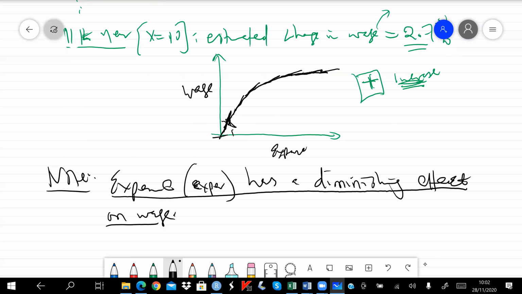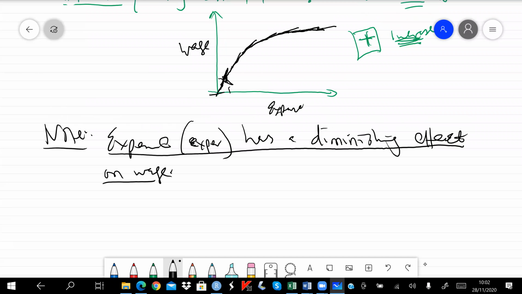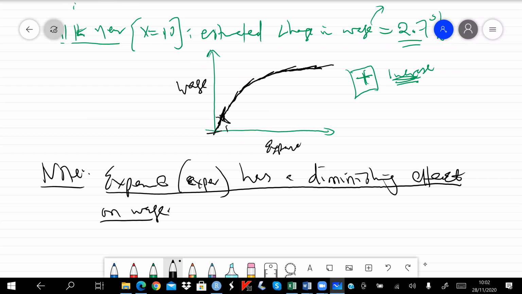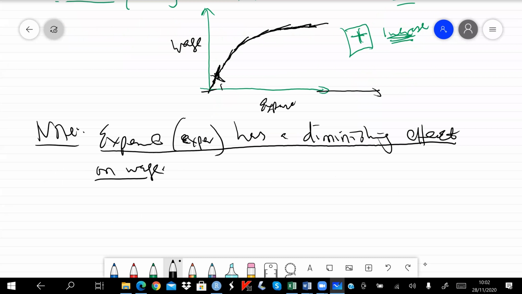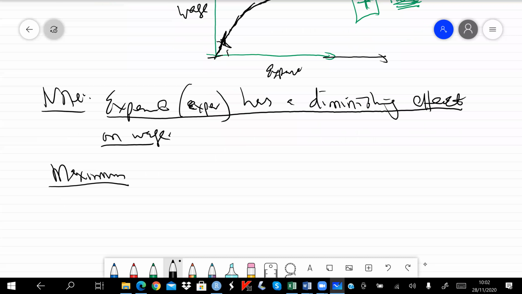Then in this scenario, we can also obtain the maximum wage that can be achieved by this person. Like this sketch here, you may want to find out what is the maximum wage that can be achieved. The maximum wage is also obtained through differentiation.